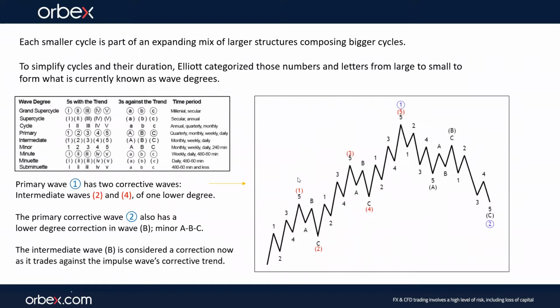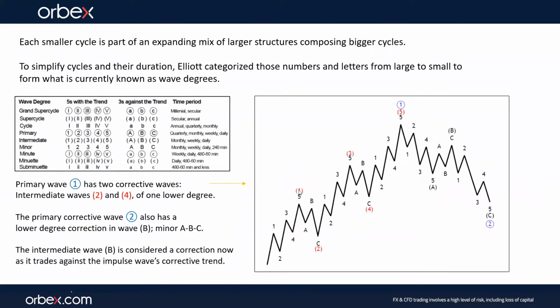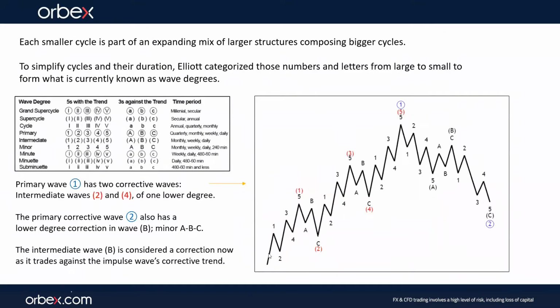I'll just quickly shoot back to the previous diagram. We've got 1, 2, 3, 4, 5, but these waves can be broken down into smaller cycles, smaller waves, and that's what I'm trying to point out here. We've got this one wave here, and in that wave, as you can see, we've got different patterns.